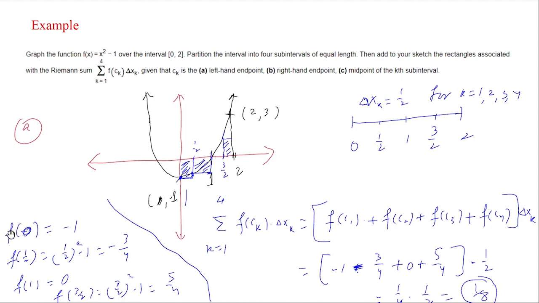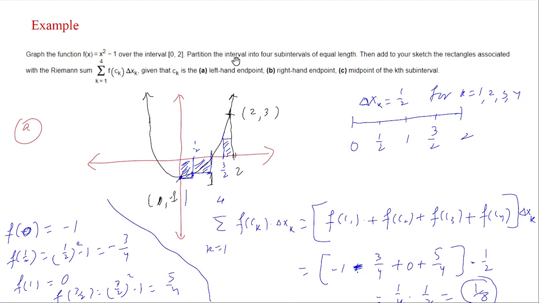So we need to find the value of the function at 0, half, 1 and 3 over 2, and these are the values. If you add these numbers, this is what you are going to get, 1/4 times 1/2, that is eventually 1/8. That's the Riemann sum of these 4 subintervals using the left endpoint.